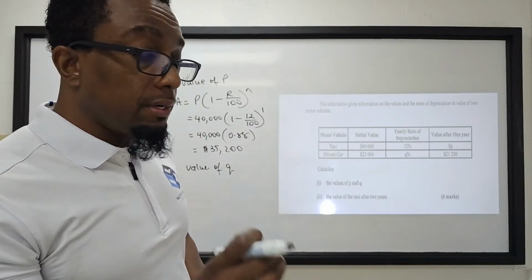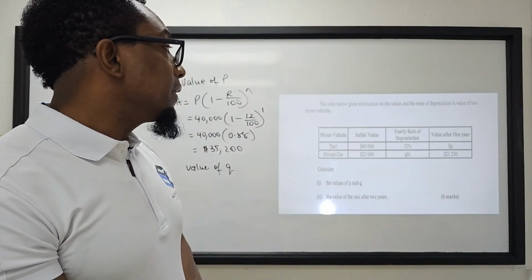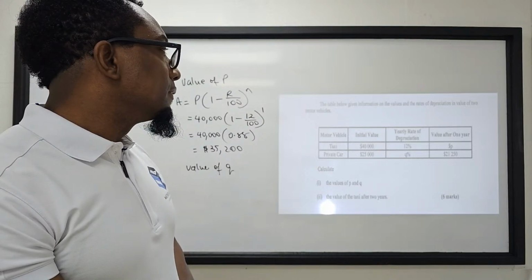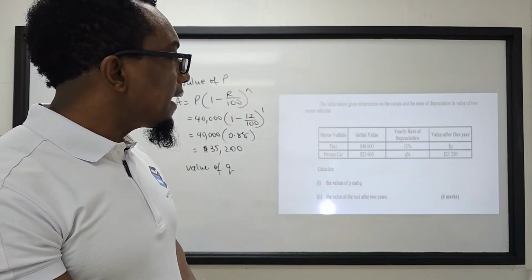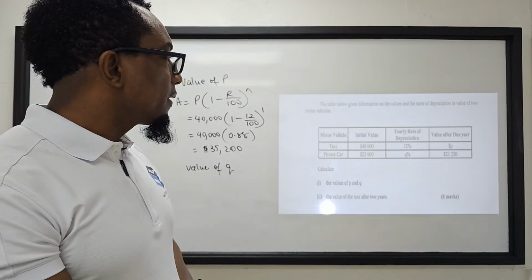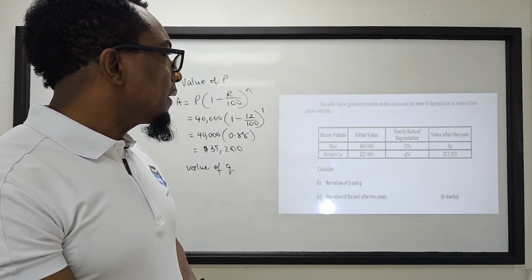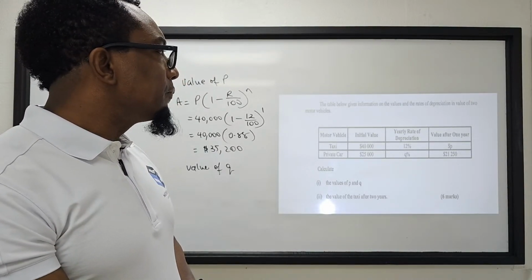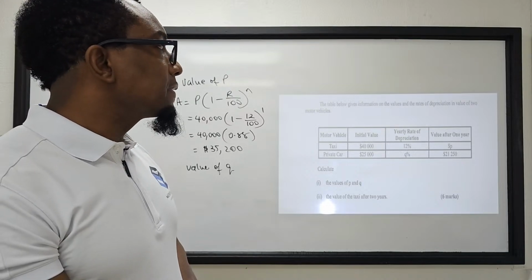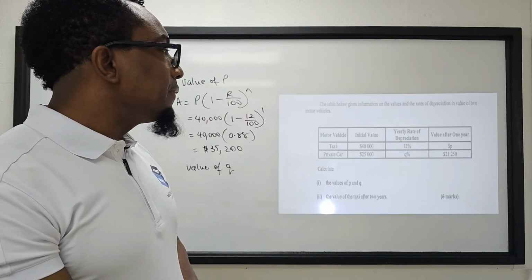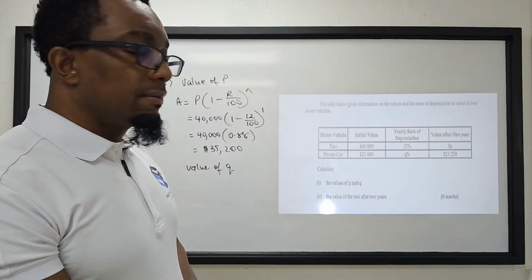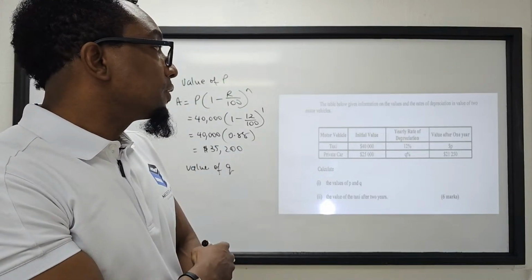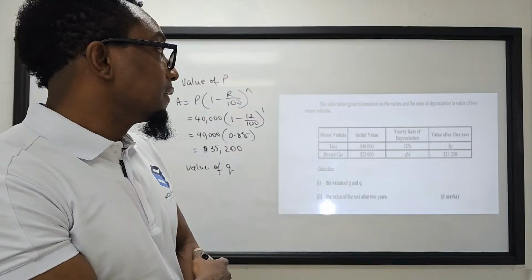Or another way we can do this, we can determine what is the depreciated value, and that depreciated value will equate to 100%. And from there we can determine what is the value after 1 year for $21,250. That's another way of doing it.